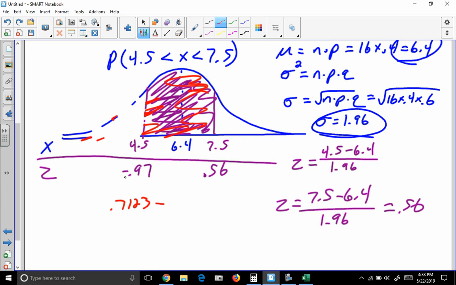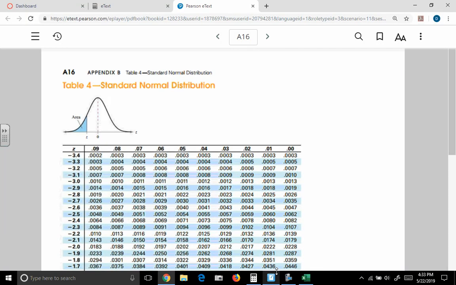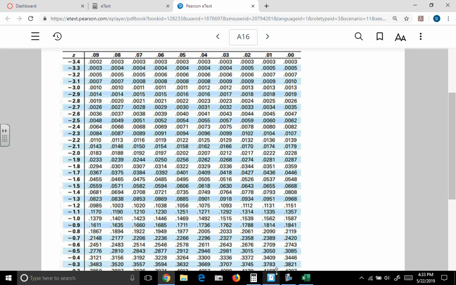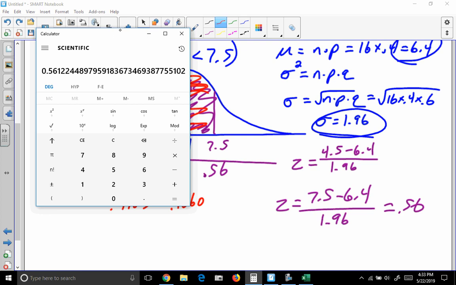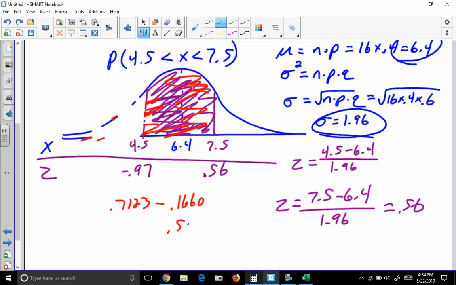So if we look up negative 0.97 for z, here's negative 0.9, here's 7. So the area that's included in that left tail that we need to get rid of is 0.1660. So if we subtract those, 0.7123 minus 0.1660, we get about 0.5463.